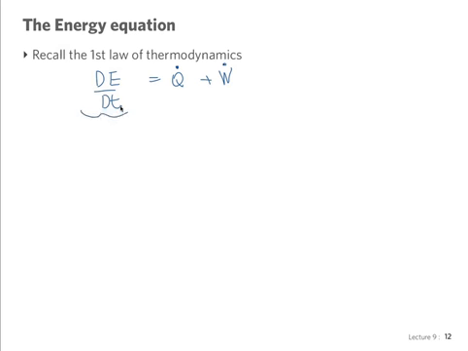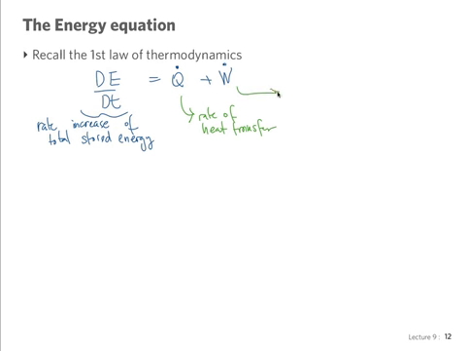The total increase of stored energy, so basically the rate of increase of total stored energy in a system has to be equal to the rate of heat transfer plus the net time rate of work done on the system.